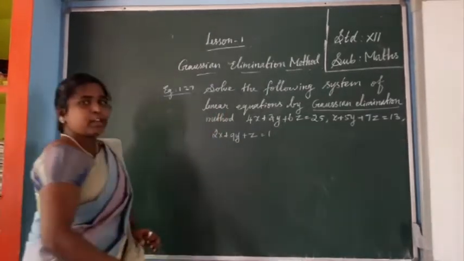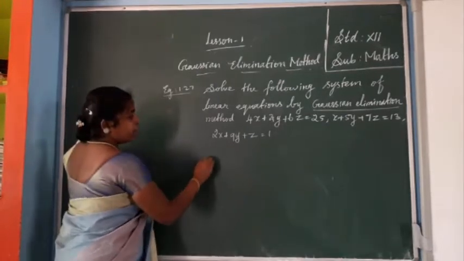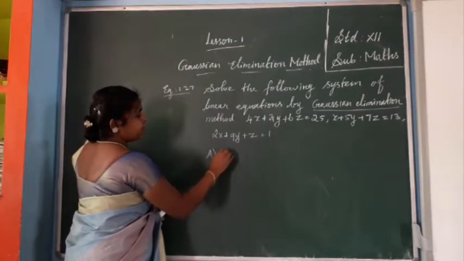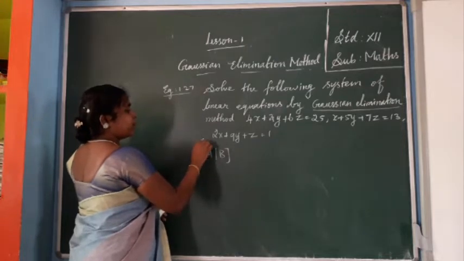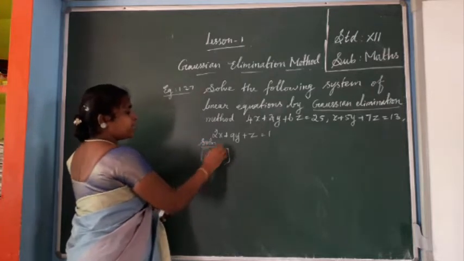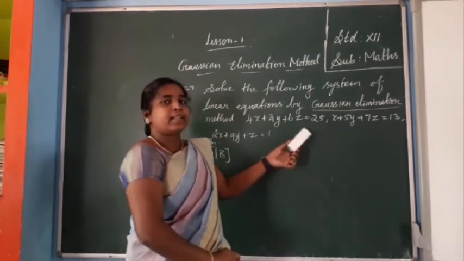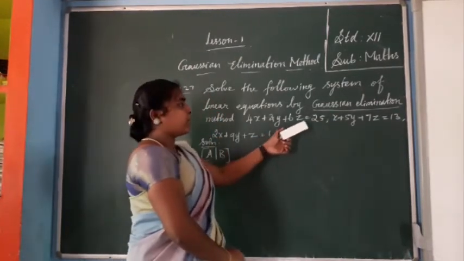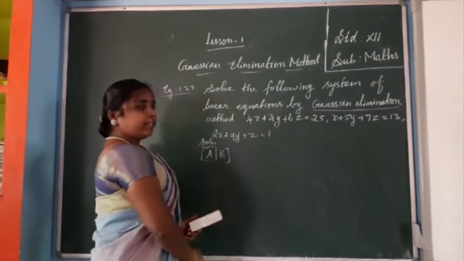First step, what I told, first you have to write the given equation in the form of A bar B, augmented matrix. So before writing augmented matrix, you see the constant whether it is in right hand side or left hand side. All the equations constant answers are in right hand side, so I am going to write directly.